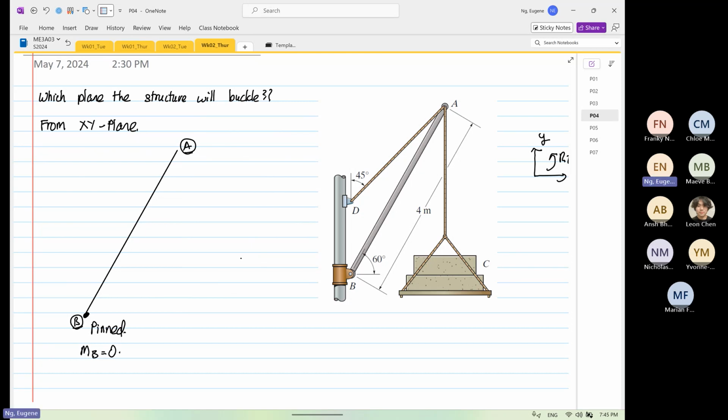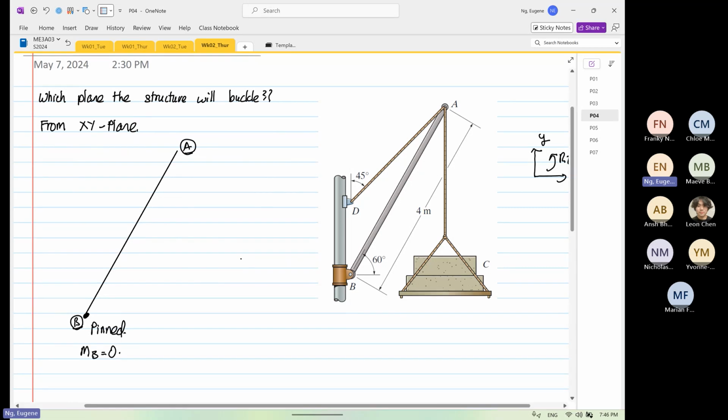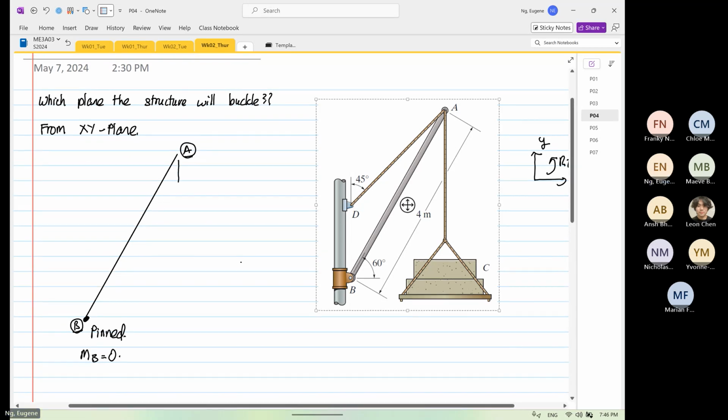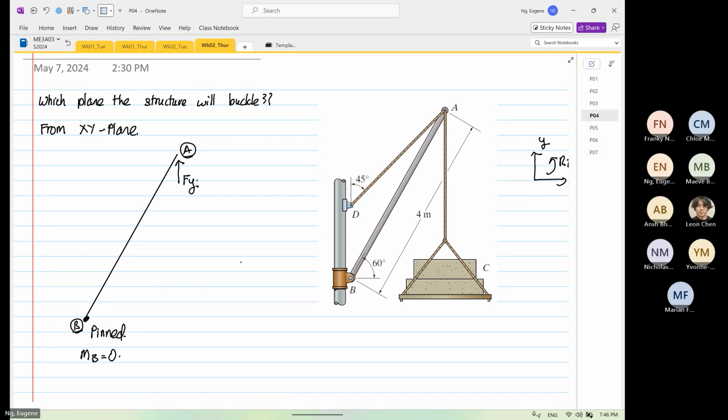At point A, we also realize that if we look at the forces that are applied, we are aware that there is a force in the y direction, and there's also a force in the x direction.